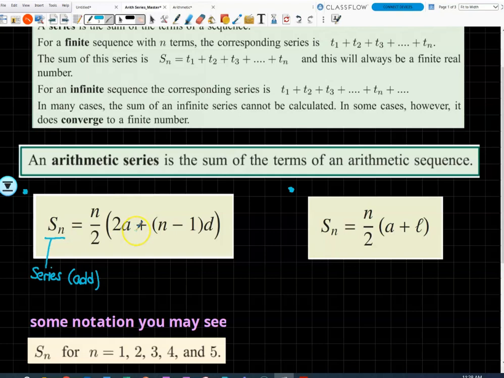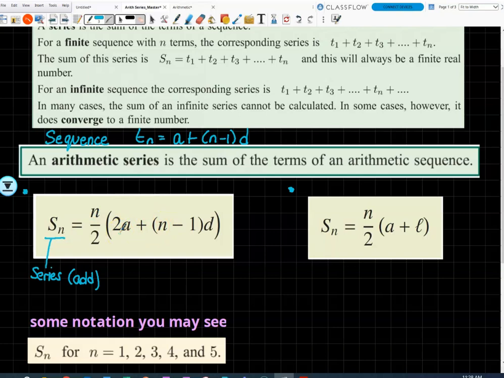The n, the a, the d, are the same as what we had in our formula for an arithmetic sequence. The general term of an arithmetic sequence was Tn = a + (n - 1)d. Same thing applies. n is the nth term, right? n is the number of terms that you go up to. a still is your first term.